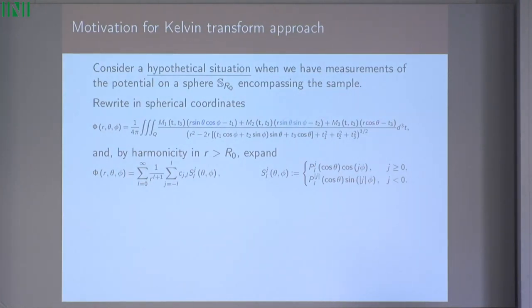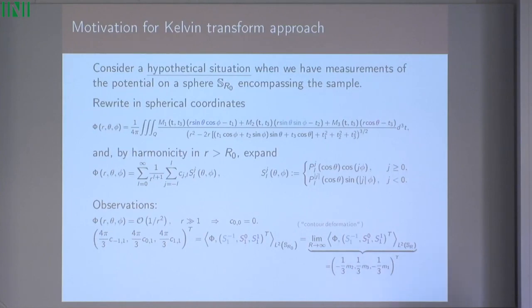An important observation here is that if we take phi and integrate it against the first three spherical harmonics, with L equal 1 and J equal -1, 1, and 0, then integrating against each of them, by orthogonality, selects the term which has the factor 1 over r square.